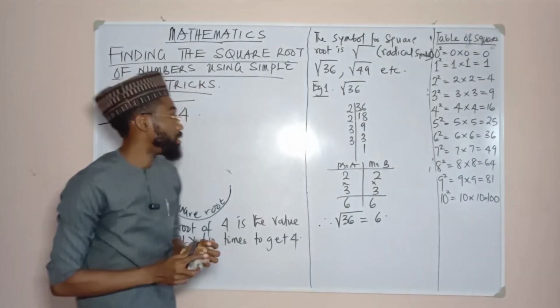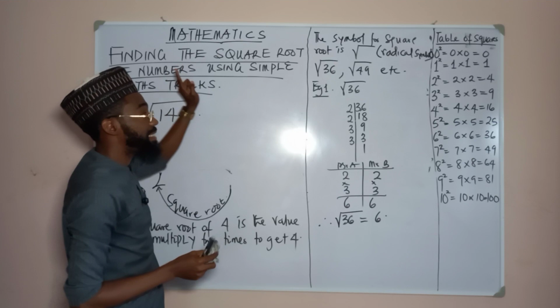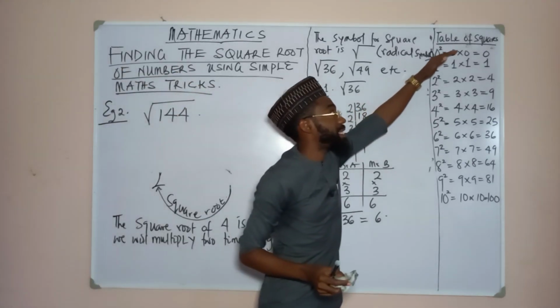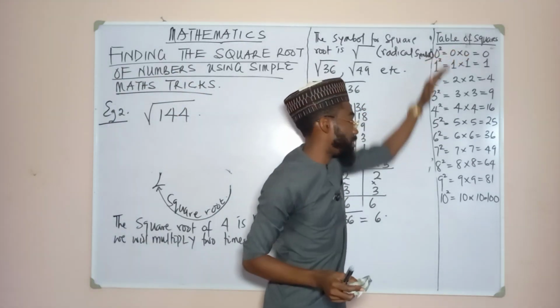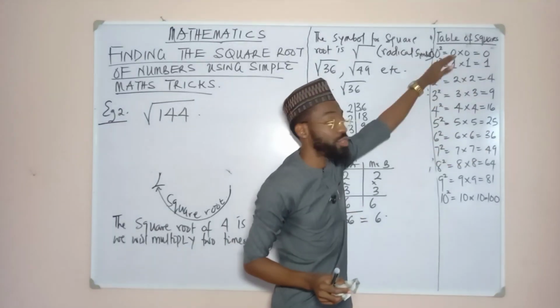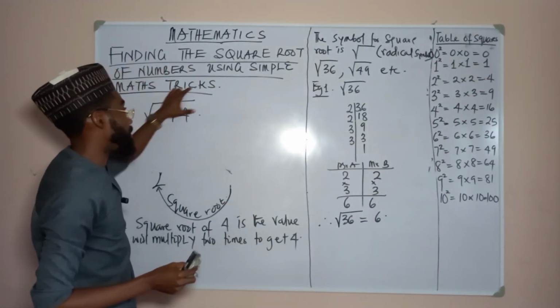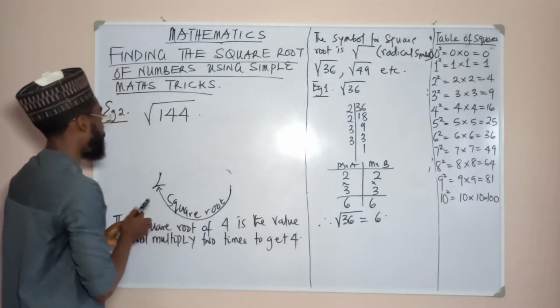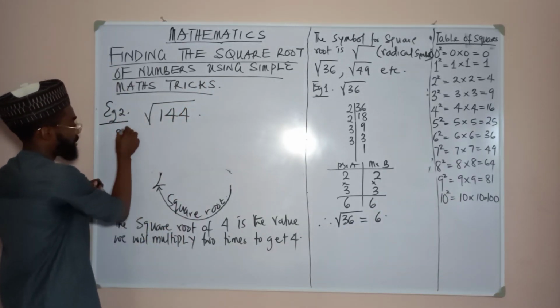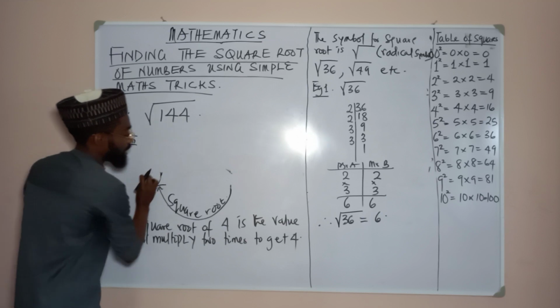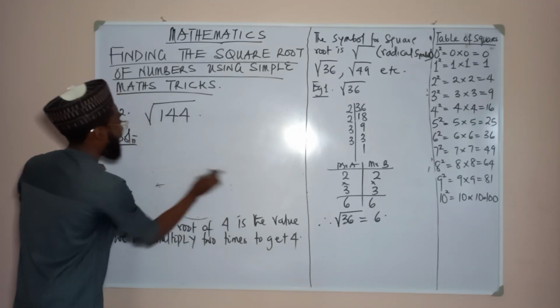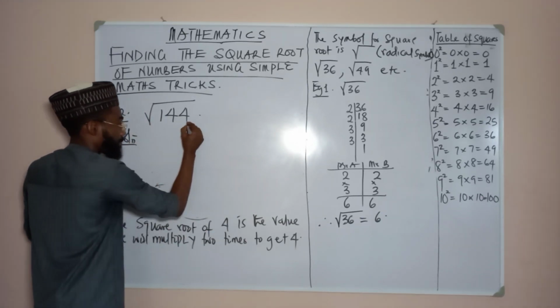First of all, before you can use this trick, you must master your table of squares from 0 to 10 because they are going to be the foundation for obtaining the square root using this simple trick. Just follow me through so we can go through the steps. The first thing you do is look at the last digit here.